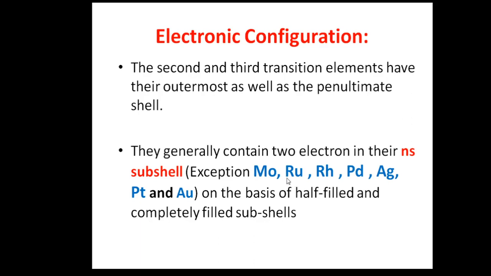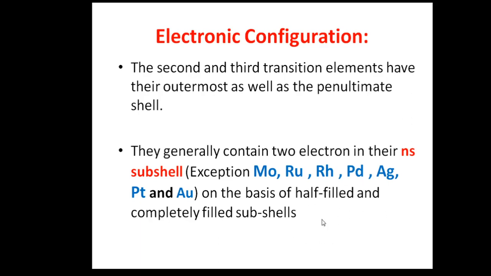Some few elements are excluded, and those are molybdenum, ruthenium, rhodium, palladium, silver, platinum and gold. These are the selected elements where the ns subshell does not have 2 electrons. This is on the basis of half filled and completely filled sublevels, which show the stability of those particular elements.